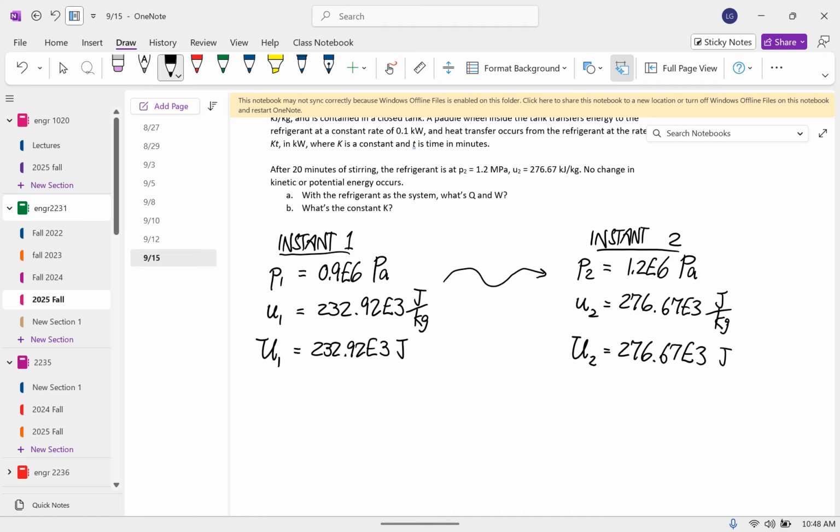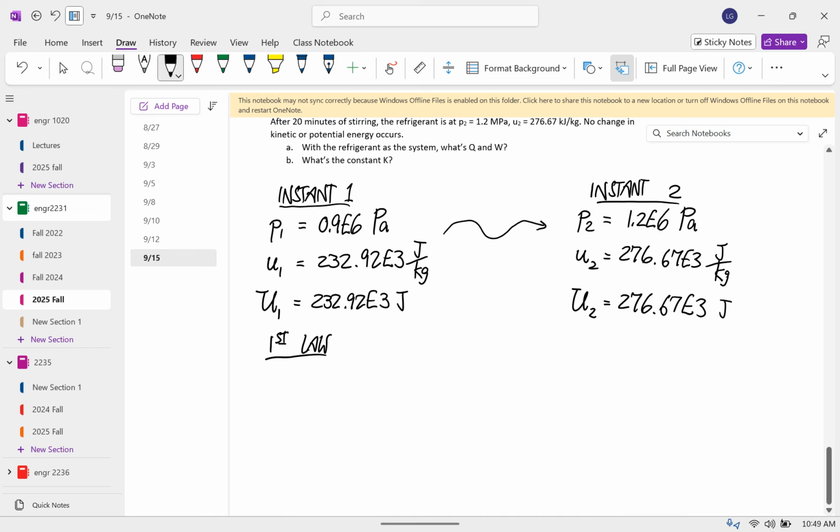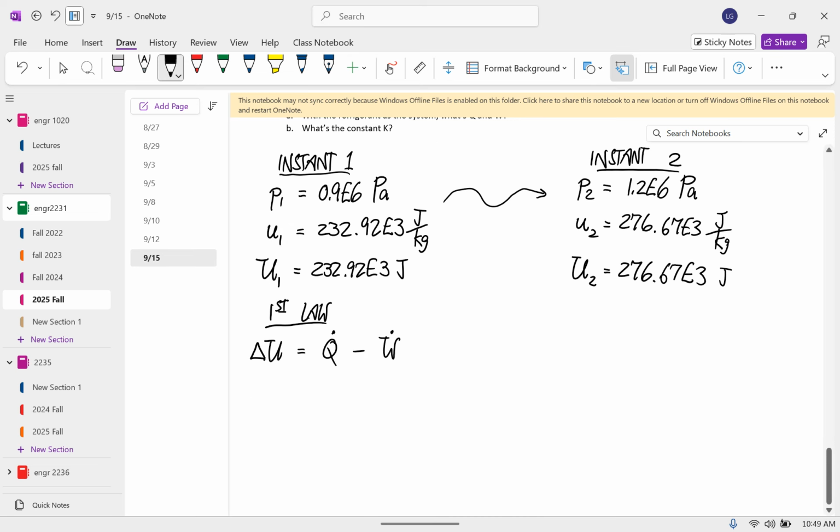All right. So the first law is going to look like this. The change in internal energy is equal to Q dot minus W dot. And we can write this change in internal energy as 276.67 times 10 to the third minus 232.92 times 10 to the third.